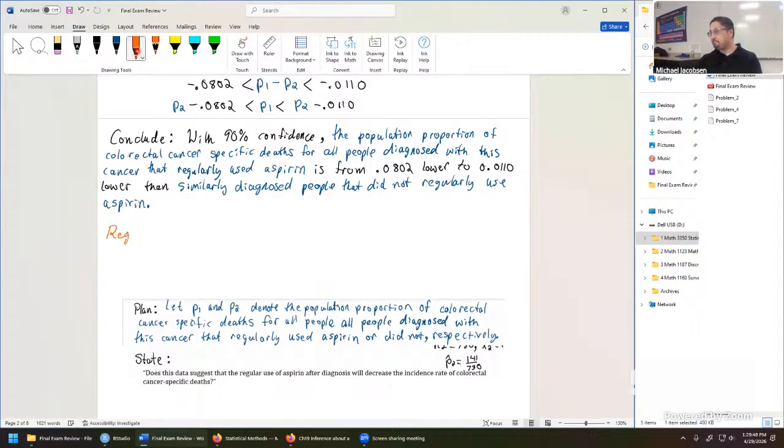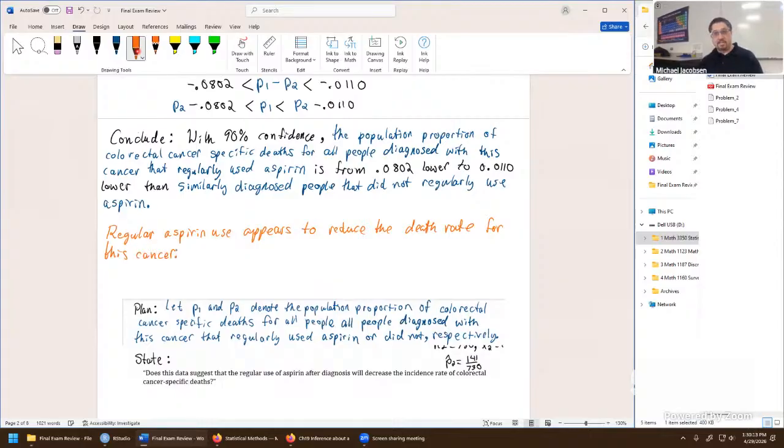Regular aspirin use appears to reduce the death rate for this cancer.